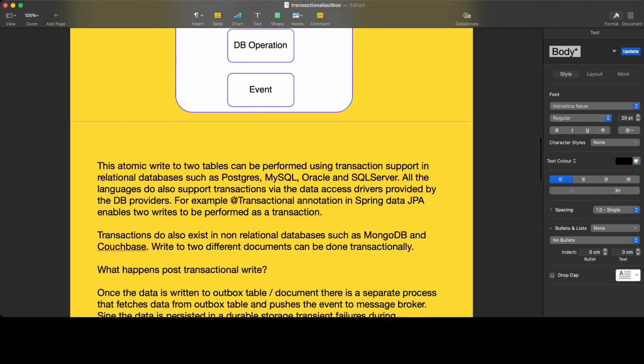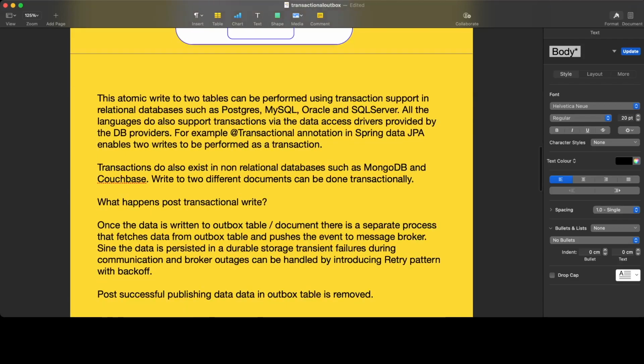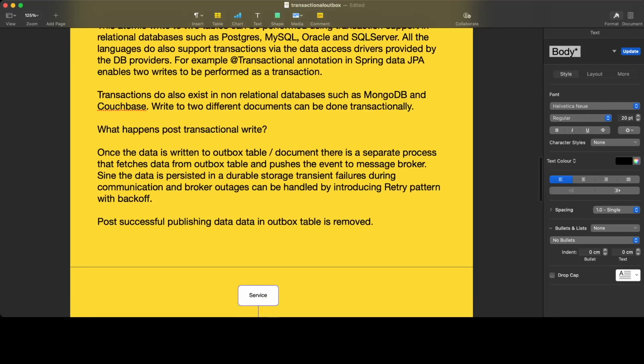So we have been successful in writing to the table. What happens post writing to that particular table? While we write to the main table, that is persisted, and the outbox table is also persisted. Then there will be another sidecar, which is another process that will be running.